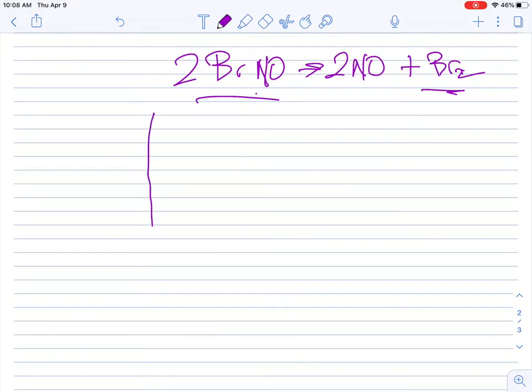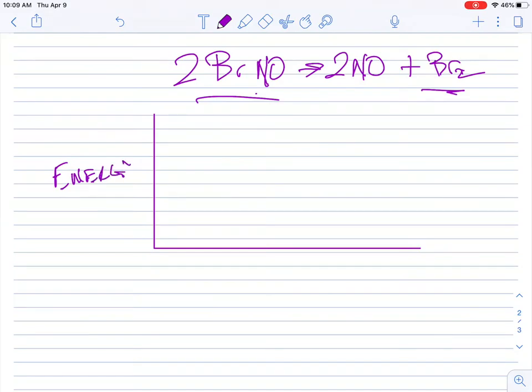So on a graph, you're going to start like this, and here's your energy, and here's the reaction. It's going in this direction.